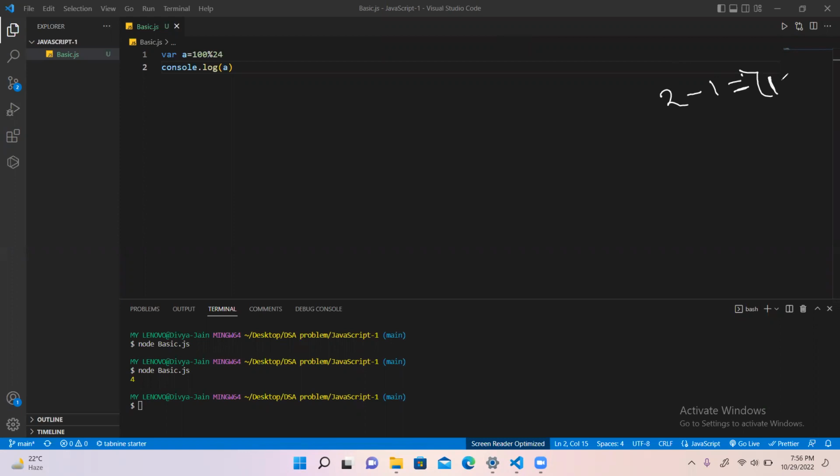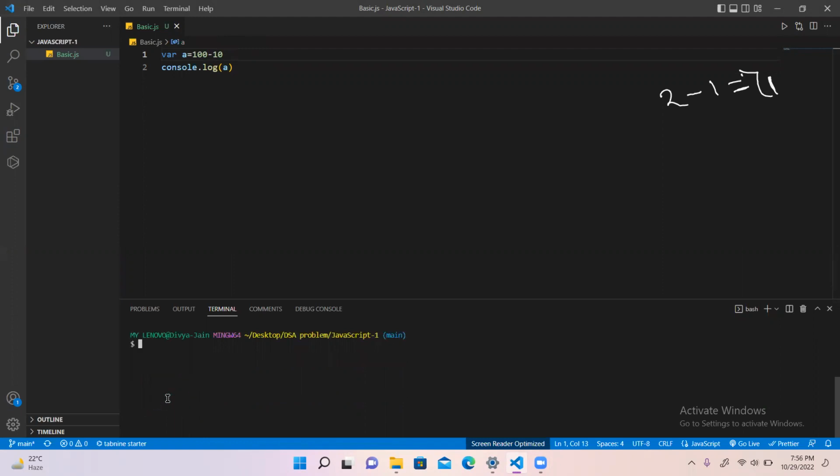So you can write the code. Wait, guys, sorry for that. So, when you subtract 100 minus 10, what is your expected output? You expect 90.